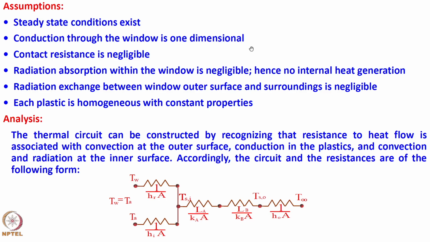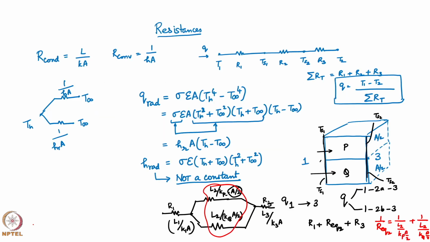So, we need to draw the thermal circuit diagram. Let me go to the set of slides and draw this. This is my window, and here I have T si, this is T so, this is T infinity.